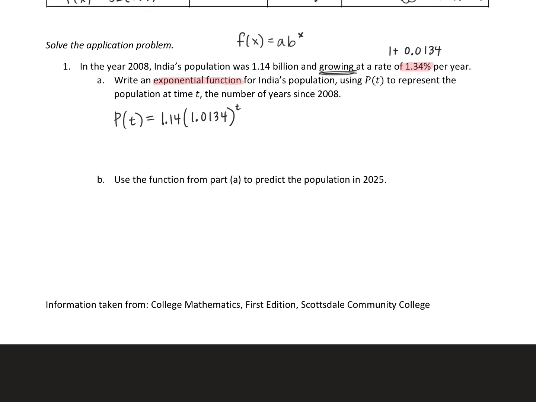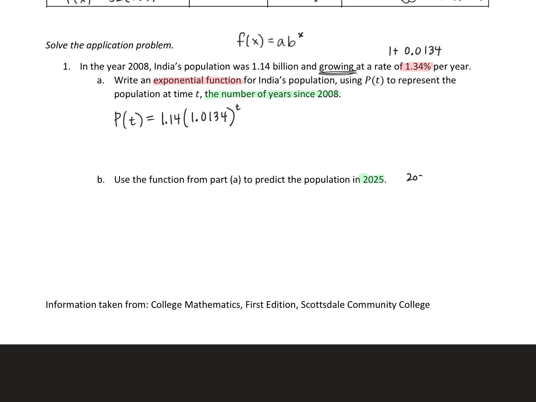Now for part B, use the function from part A to predict the population in 2025. So here is where you need to take into account where you started. So it's the number of years since 2008. You're in 2025. So you want to subtract 2025 minus 2008, and you get 17.